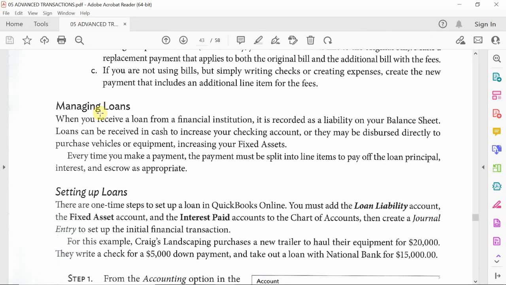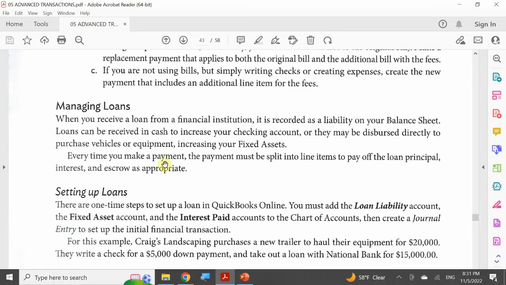When you borrow money from any kind of institution, whether it's a credit card or an actual loan from a bank, you pay back the money plus interest. So it's very important that you are also aware of the interest payments that you are making.